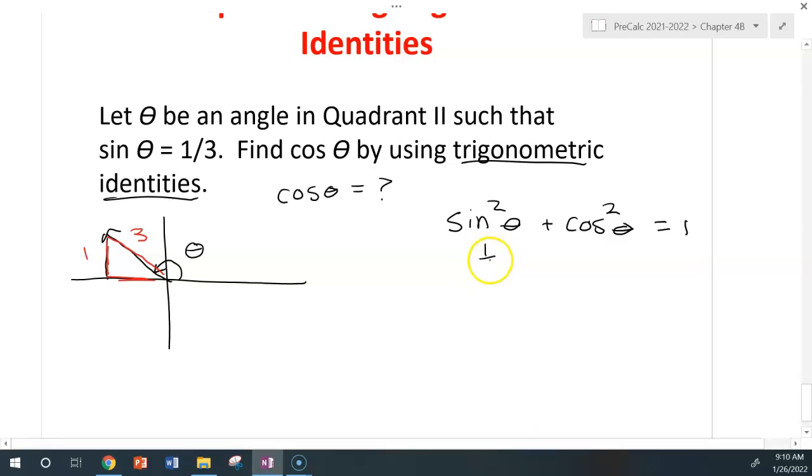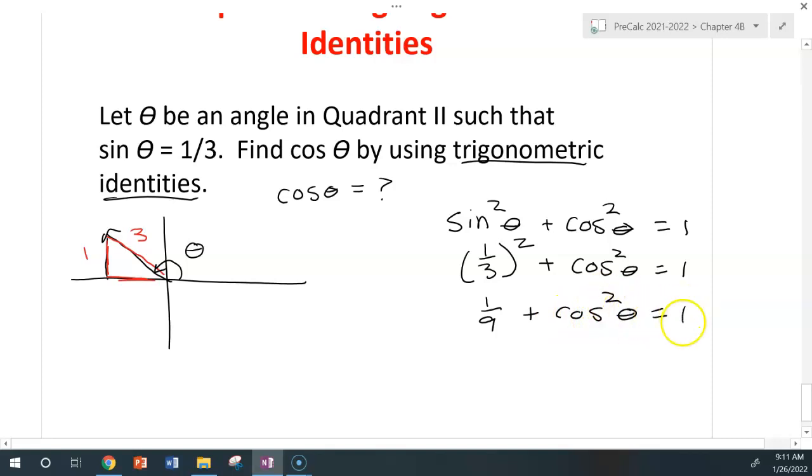So I have 1/3 squared plus cosine squared of theta equals 1. So I get 1/9 plus cosine squared theta equals 1. Now I need to subtract 1/9 from both sides. Cosine squared theta equals 8 over 9.